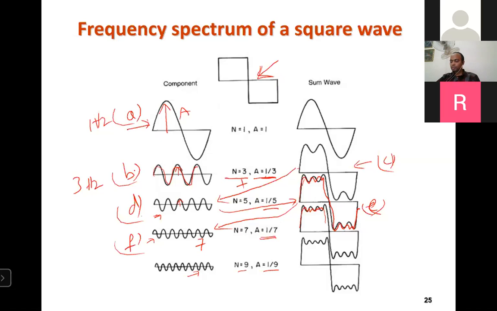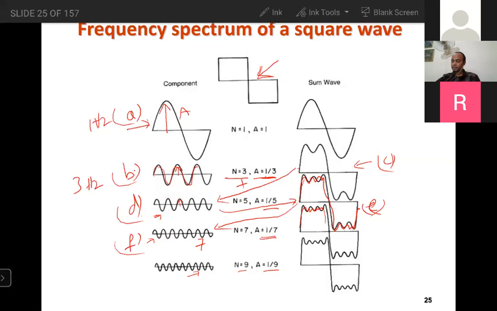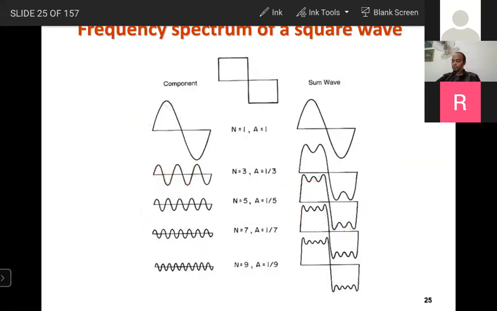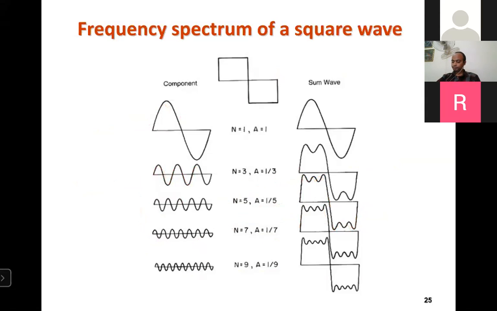Okay, let us erase it. If you add this ninth harmonic with the first one, what will you get? It will be like, okay, I'll draw it again.